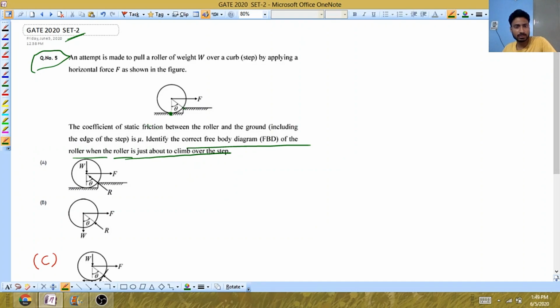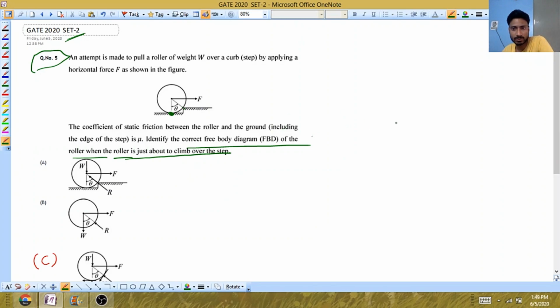If this ball strikes at this point, it will move in this way, so it will lose contact at this point. Since it loses contact, you will not have any contact reaction. Contact reaction means normal reaction basically.